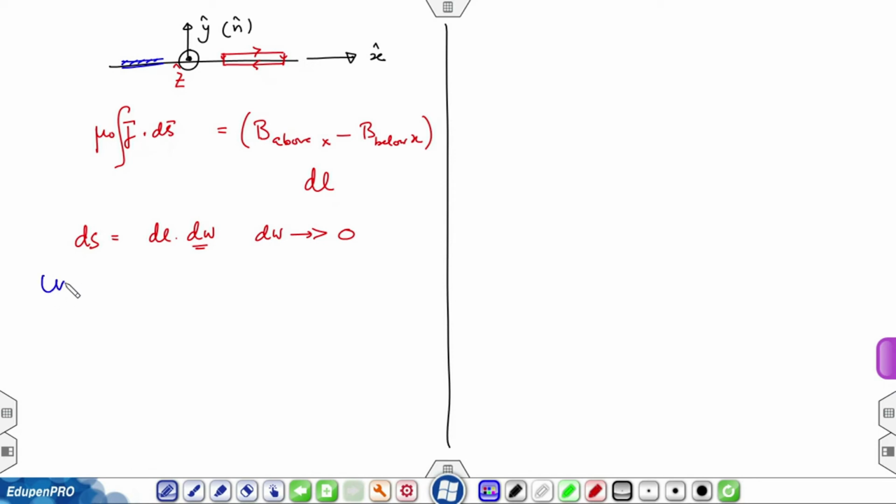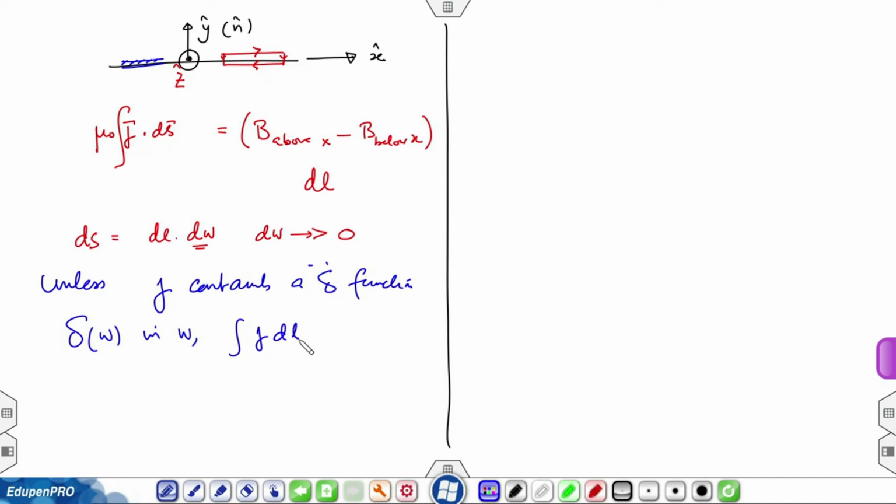So, unless J contains a delta function, Dirac delta function actually, in W, integration j dl dw is going to be 0.